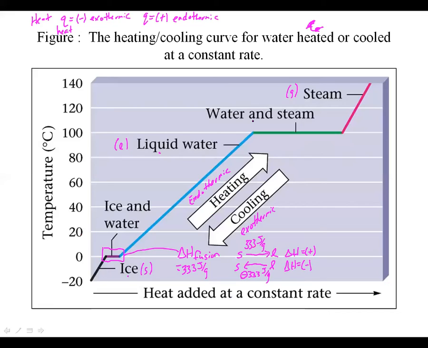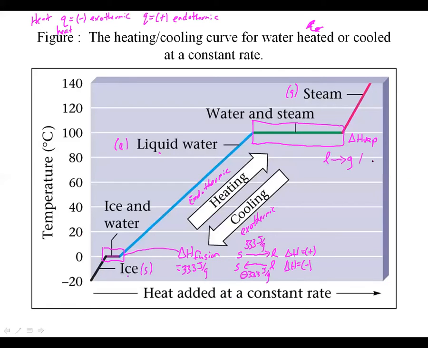And the same thing happens up here. This is where we use our delta H of vaporization. And this is where we are going from either liquid to gas or backwards, gas back to liquid. So if we're going from liquid to gas, that again is endothermic.